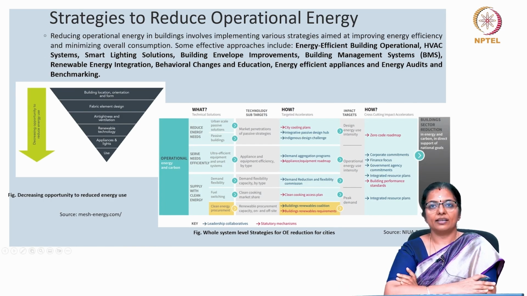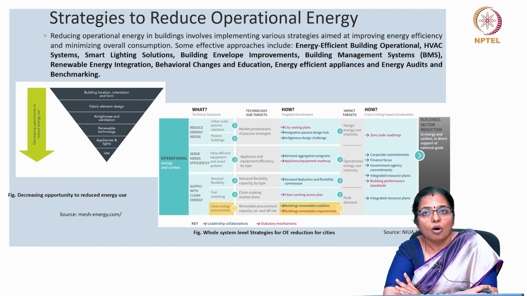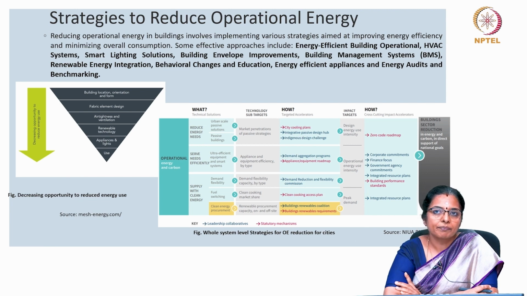Now, let us look at the strategies to reduce operational energy. Reducing operational energy in buildings involves implementing various strategies which are aimed at improving energy efficiency and minimizing overall consumption of electricity. Some effective approaches include energy efficient building, operational HVAC systems, smart lighting solutions, and so on.